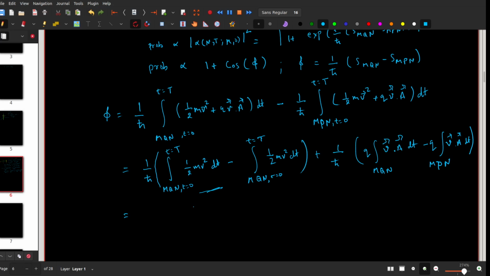This contribution is approximately equal to 2 pi times the difference between the lengths of the two paths, L2 minus L1, where L2 is the length of path MQN and L1 is the length of path MPN, divided by lambda dB, the de Broglie wavelength of the particle, where the de Broglie wavelength is h over mv.